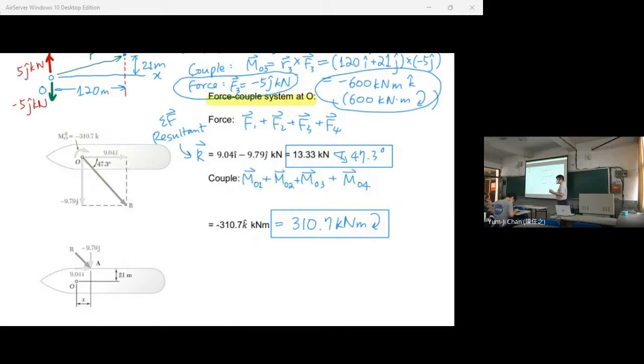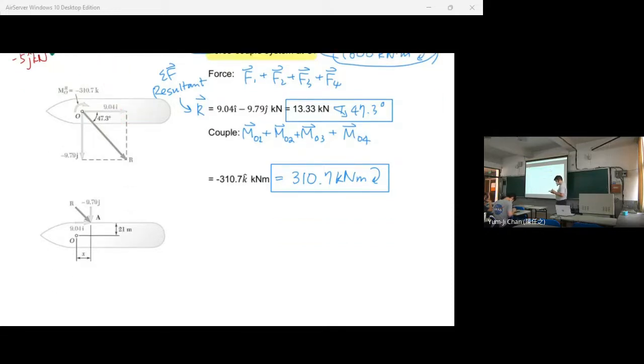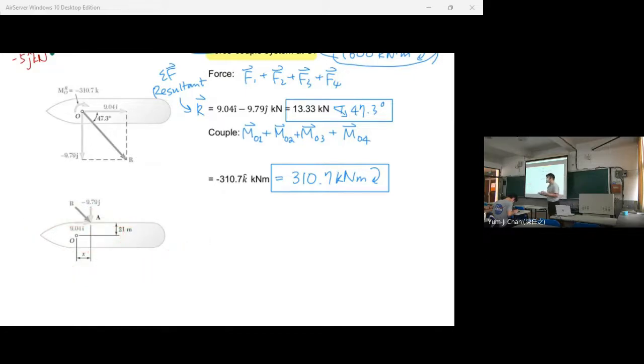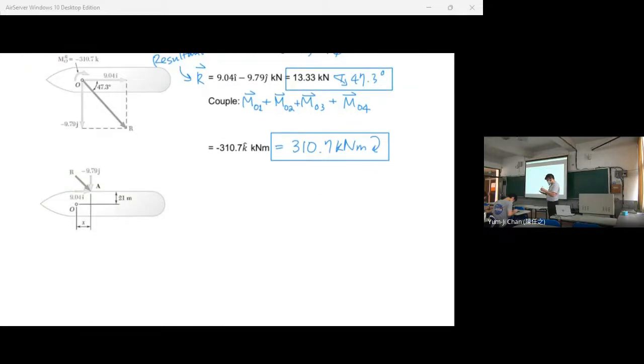Is there a point where we have a force and the couple part is equal to 0? Is there somewhere along the ship where we put the force that we do not have the couple? Let me mark it here. Force is R, and the couple part.